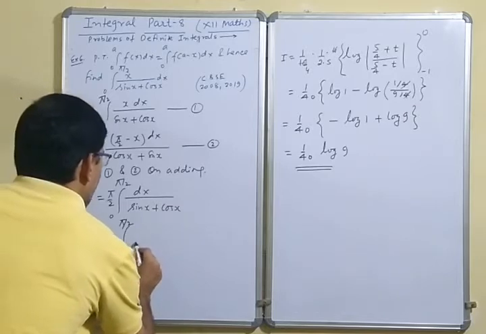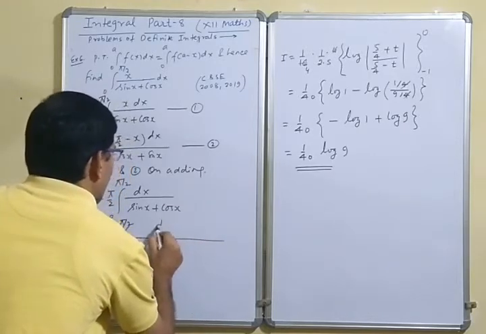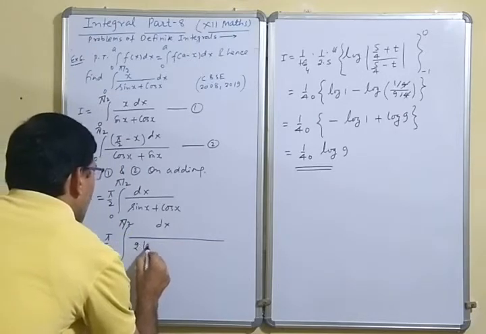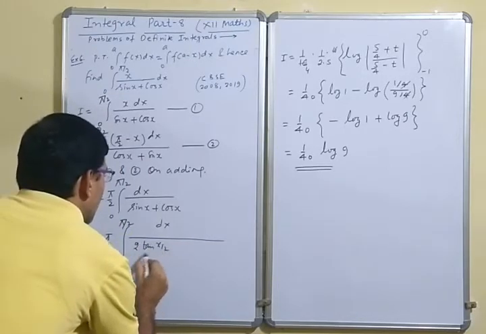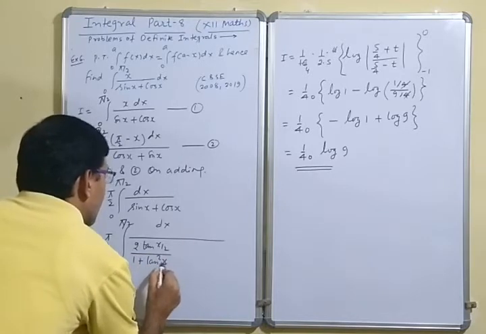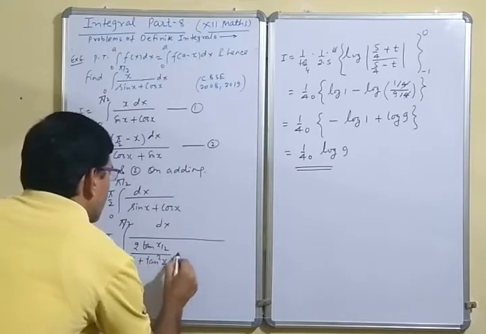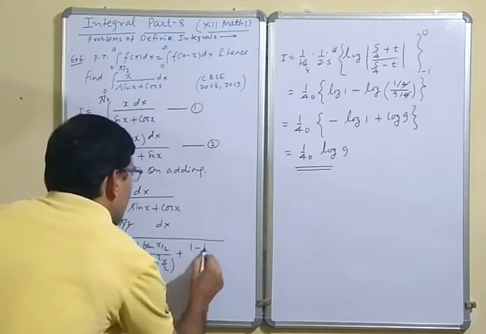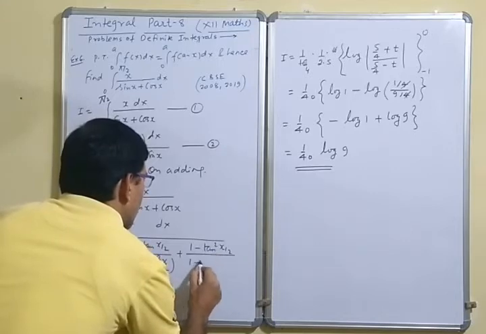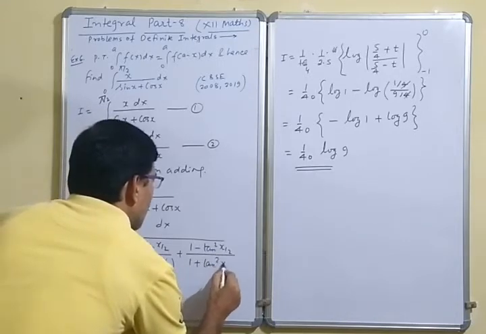Now it becomes dx upon sin x, that is 2 tan x by 2 upon 1 plus tan square x by 2, plus cos x, that is 1 minus tan square x by 2 divided by 1 plus tan square x by 2.